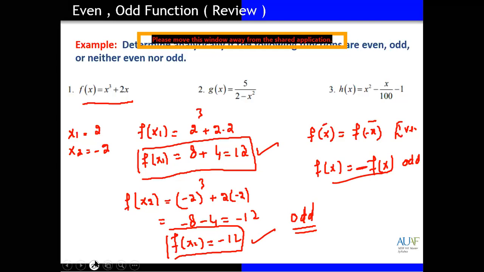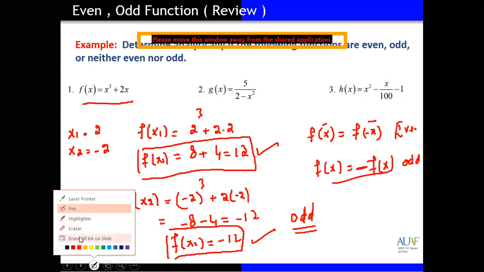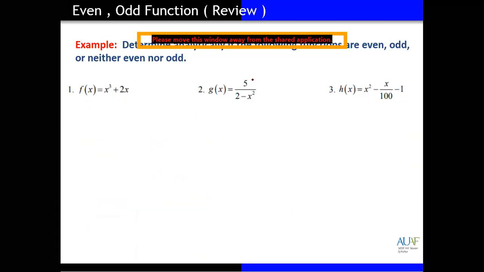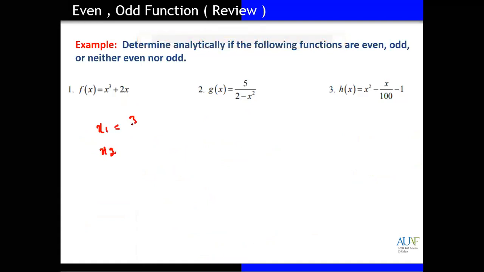Let's try the second one. The second one is g of x is equal to 5 divided by 2 minus x square. Same, let's suppose select two numbers, x1 and x2. We can select x1 equal to 3, x2 equal to minus 3.